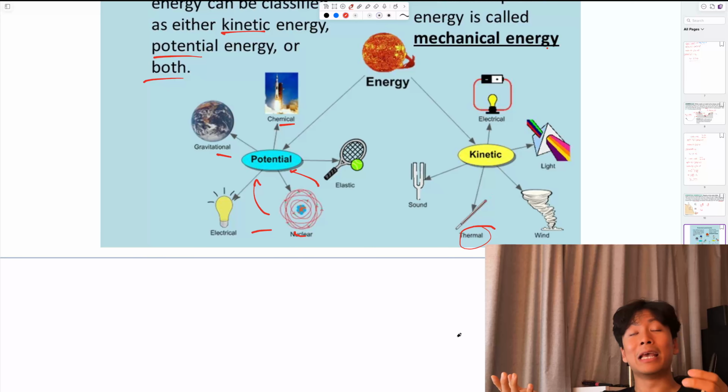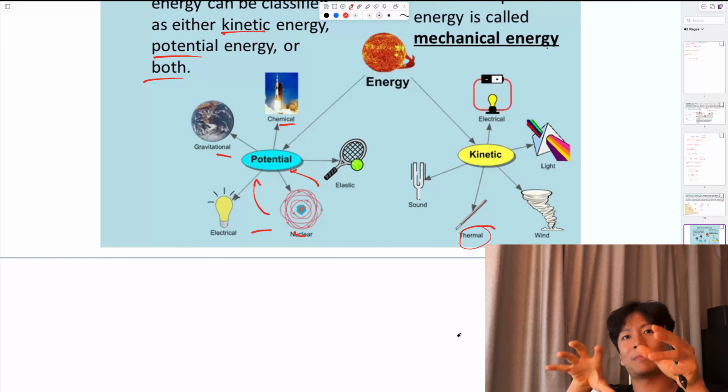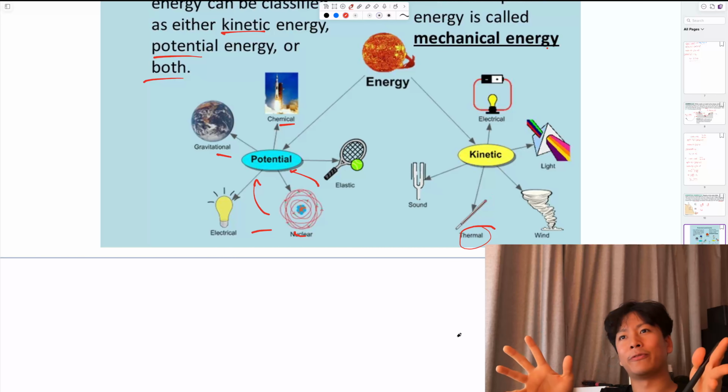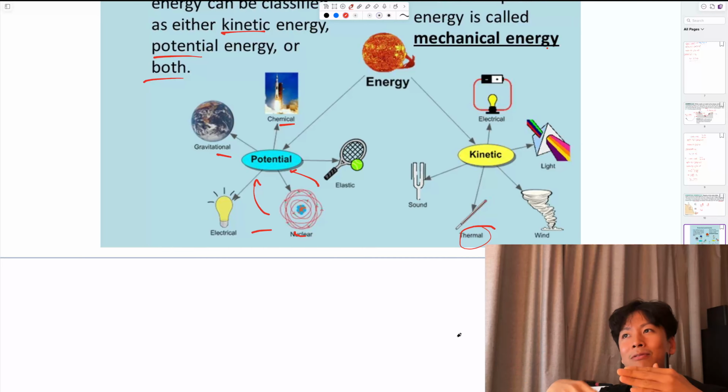That's all it is. And we'll look at this more when we look at quantum mechanics. But essentially, you have electrons being trapped inside the electric potential field of the nucleus. And so with that, we can say that chemical energy is a type of potential energy, right? So what I'm trying to say is all of chemistry, the foundation of it is just physics.